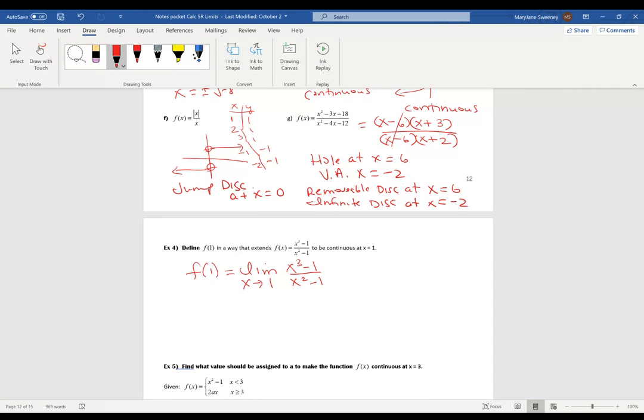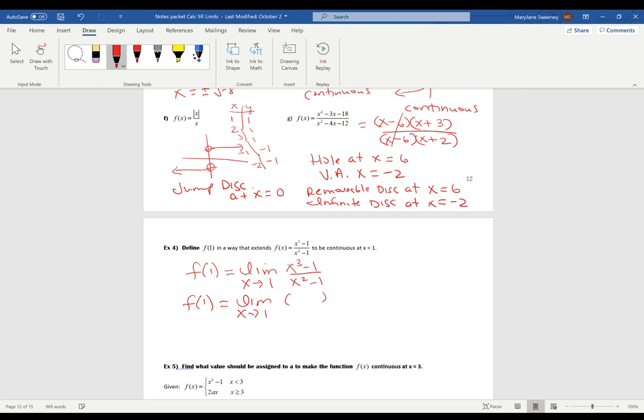Right? That's our three-part definition of continuity. The limit has to be equal to the actual y at that x value. So f of 1 is the y value when x is 1. So f of 1 would be the limit as x approaches 1.